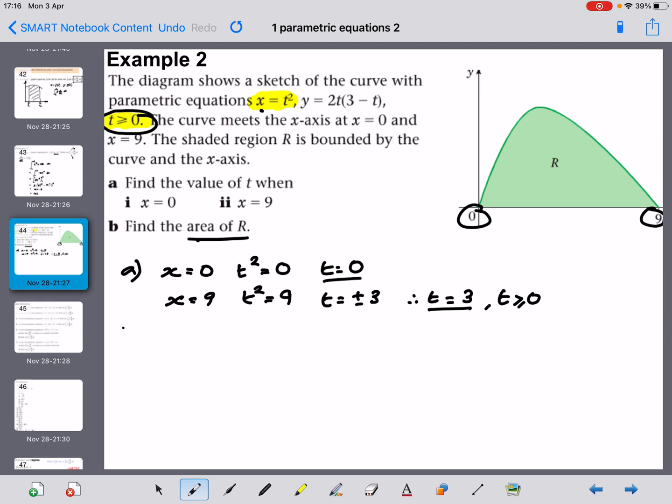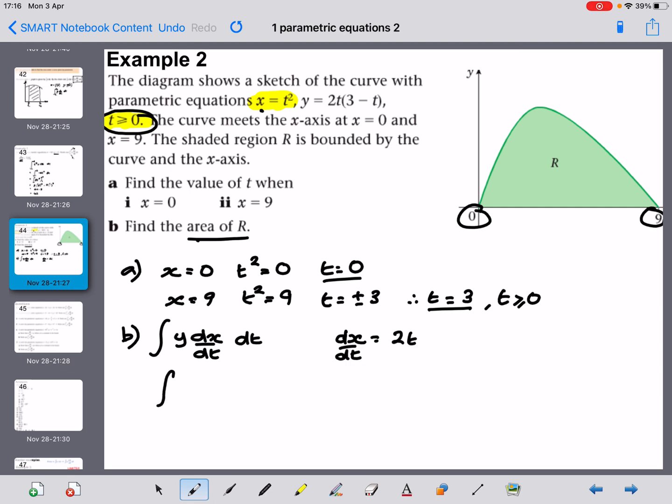So now for part B, I'm going to integrate y dx by dt. So to do that, I need to know what dx by dt is. dx by dt, if x is t squared, dx by dt will be 2t.